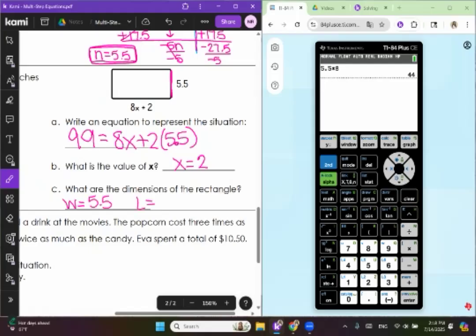Now, in order to find the length, I need this x equals 2 and I need to plug it back in. So we take x, replace it with a 2. 8 times 2 is 16. 16 plus 2 is 18. So the length is 18.